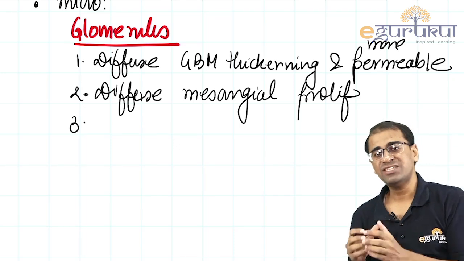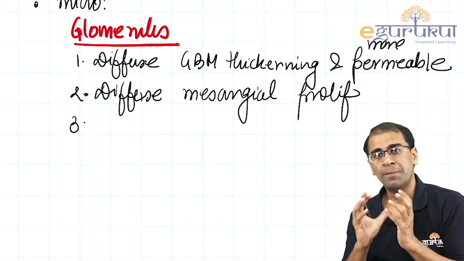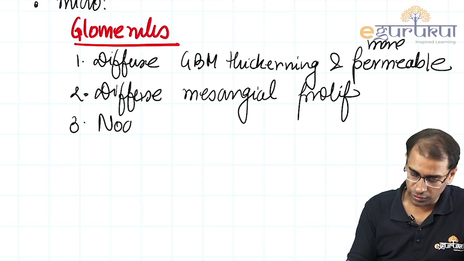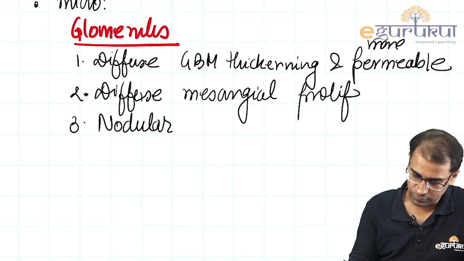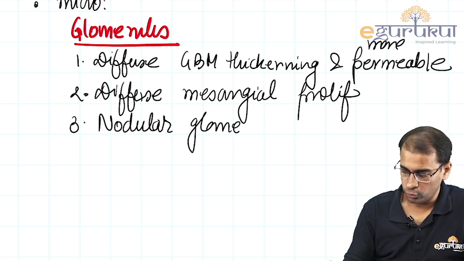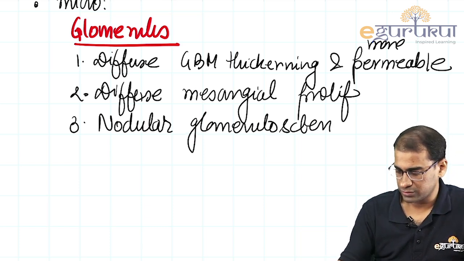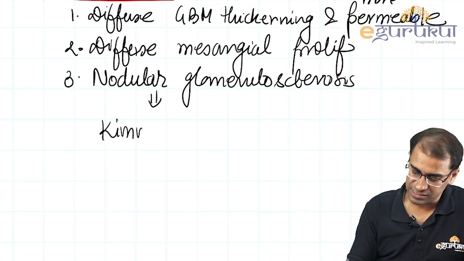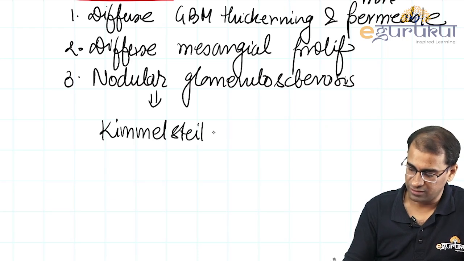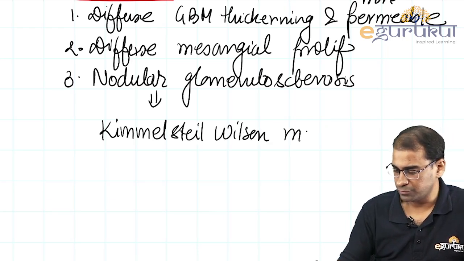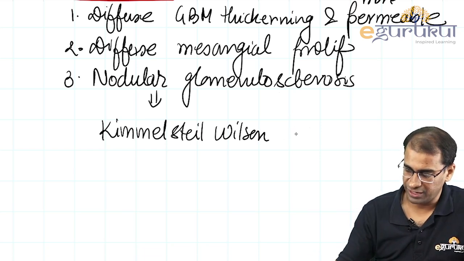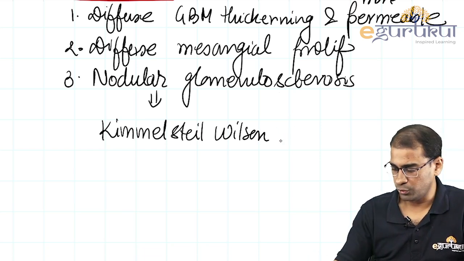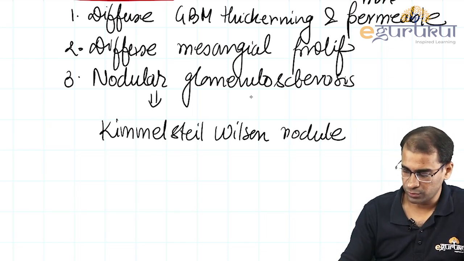Ultimately, the mesangial cells keep on proliferating to become a nodule, and hence the name nodular glomerulosclerosis. This is referred to as the Kimmelstiel-Wilson nodule, which is the most specific finding of diabetes.